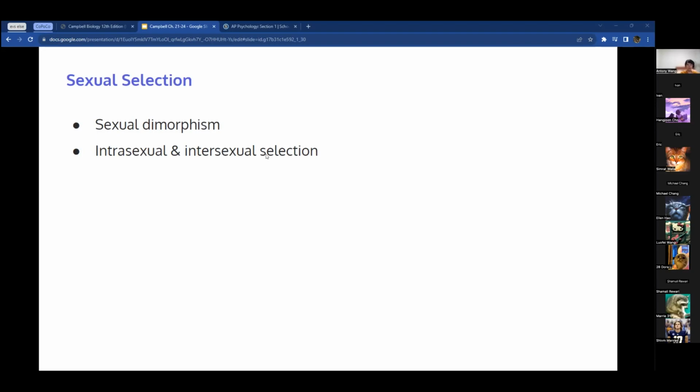So, for example, there's an example in Campbell's where a bullfrog with the favorable mating call would produce a lot more viable offspring than a bullfrog with an unfavorable mating call. And it's weird because you wouldn't think these two things are related, but intra is males fighting.